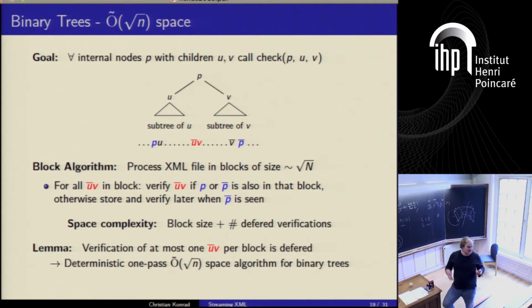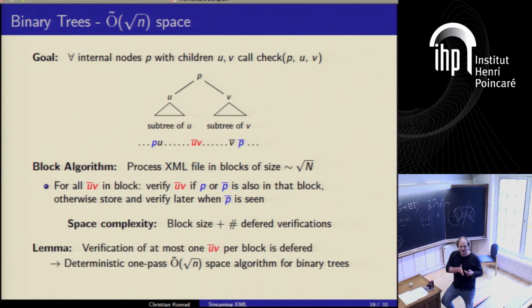Then the space complexity is simply the block size, which we have chosen as square root of n, plus the number of deferred verifications, because we have to accumulate them and verify as soon as the parent node comes. But you can show, in fact, that in each block there will be at most one of these U bar V nodes that doesn't have a matching parent tag in this block.